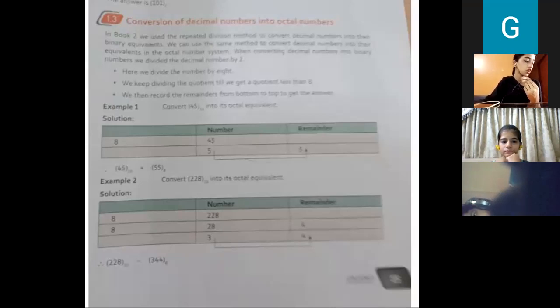First we got 28 as the answer with a remainder of 4. Then when we divided 28 by 8, we got 3 as the answer. So when we note down all the remainders, the answer is 344 base 8.